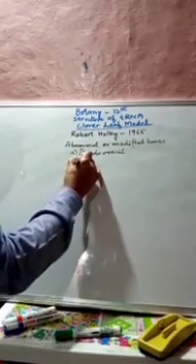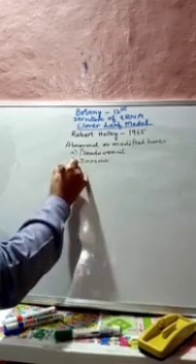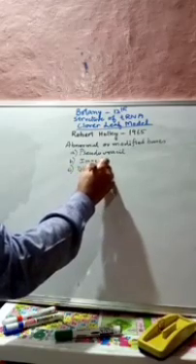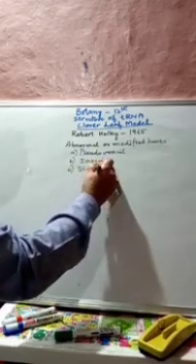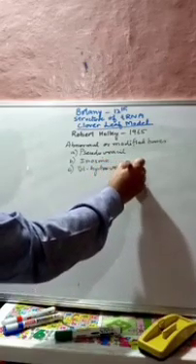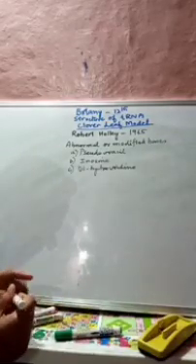Second one we have got the inosine. Third, we have got dihydrouridine. These are the three abnormal or modified bases which are found in this clover leaf model.